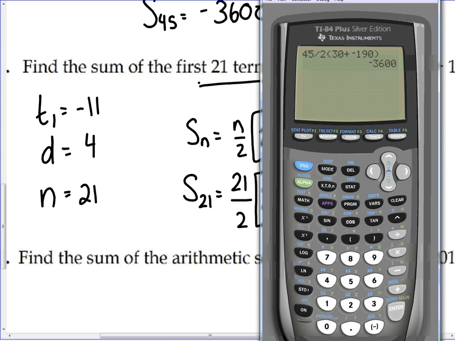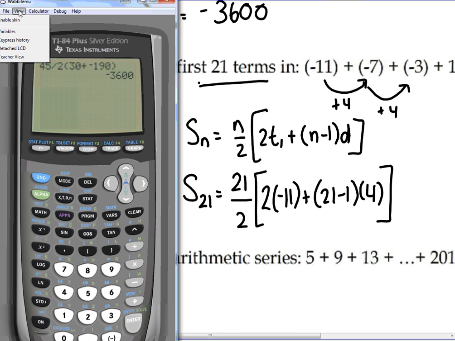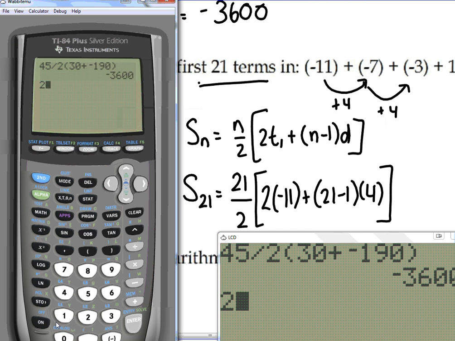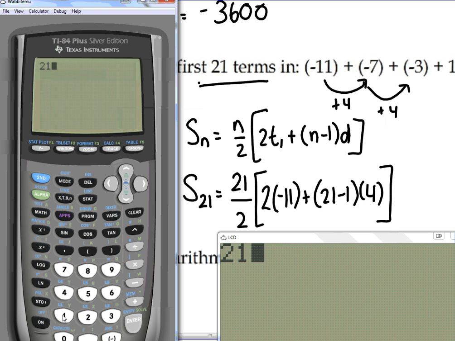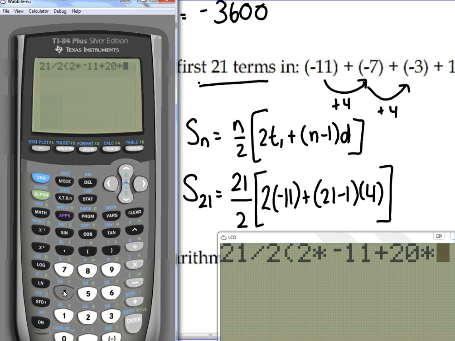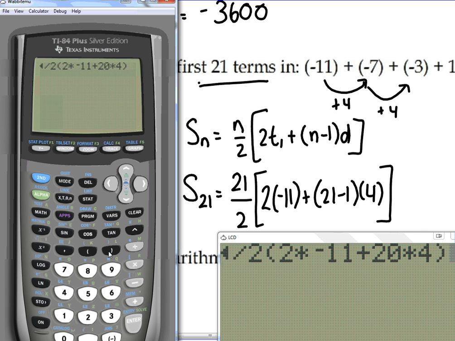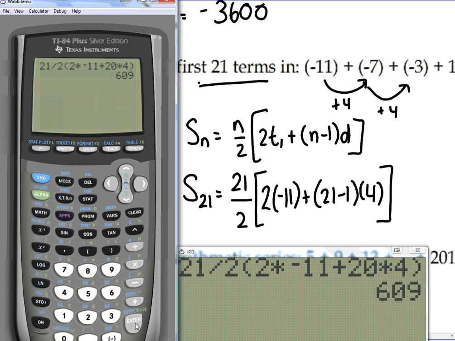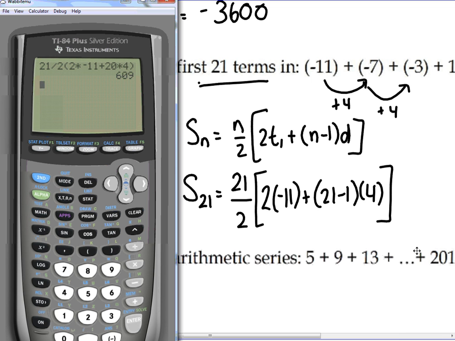So when I type it in, I have 21 divided by 2 times 2 times negative 11 plus, instead of 21 minus 1 in brackets, I'm just going to go 20 times 4. A little safer. 609. So make sure you can get the same thing.